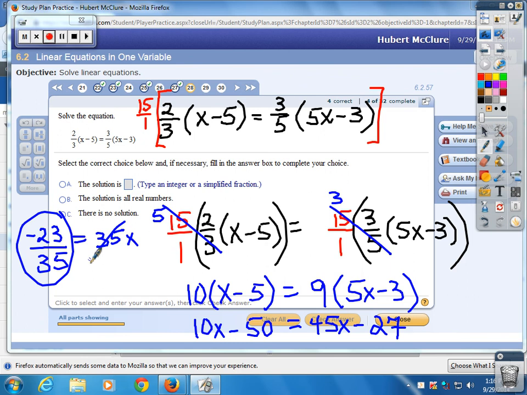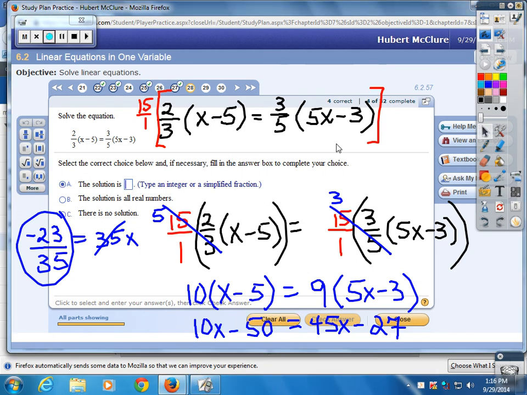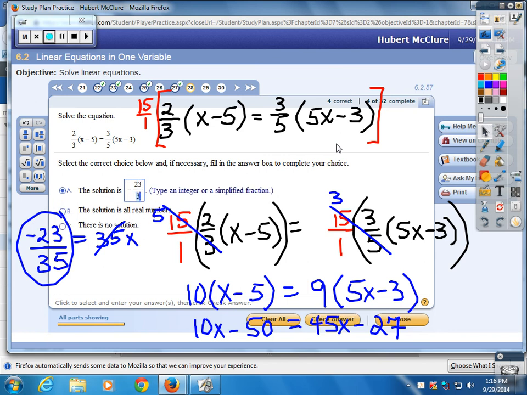Negative 23 over 35, but check my math. Hoping I'd get no solution. We'll keep going till we find one. Negative 23 divided by 35.